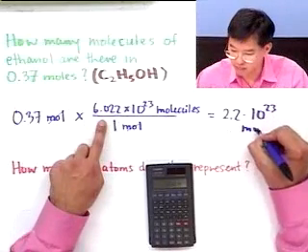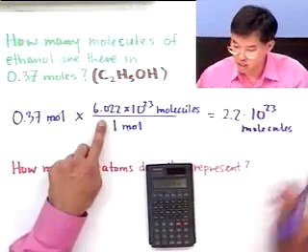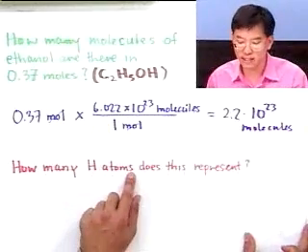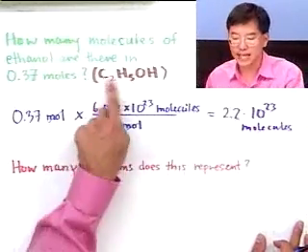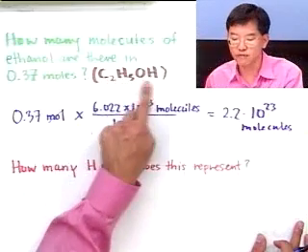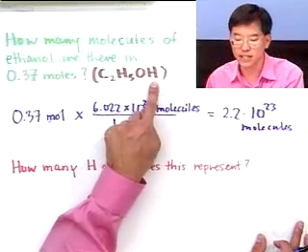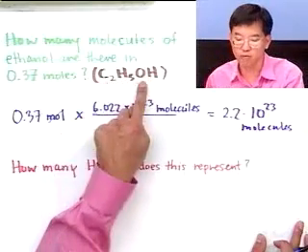And this is molecules. Okay, and now let's answer this last question. How many hydrogen atoms does this represent? And note, each molecule of ethanol consists of 6 atoms of hydrogen, also 2 atoms of carbon and 1 atom of oxygen.